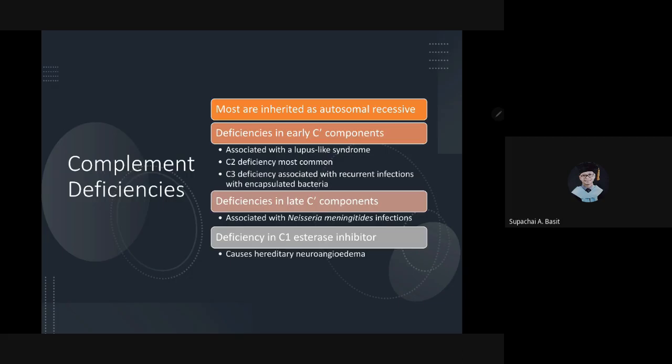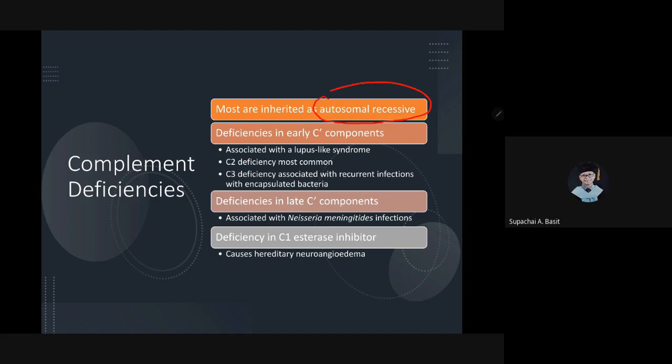Okay, now let's talk about complement deficiencies. The majority of complement deficiencies are inherited as autosomal recessive disorders. Deficiencies in early complement components are associated with a lupus-like syndrome.